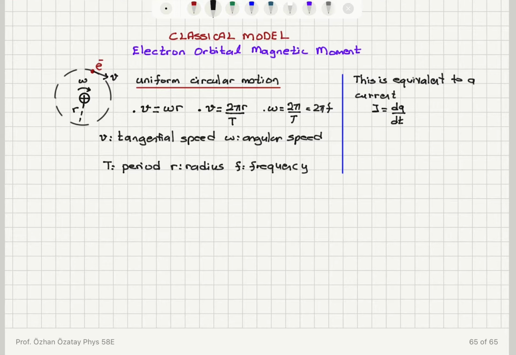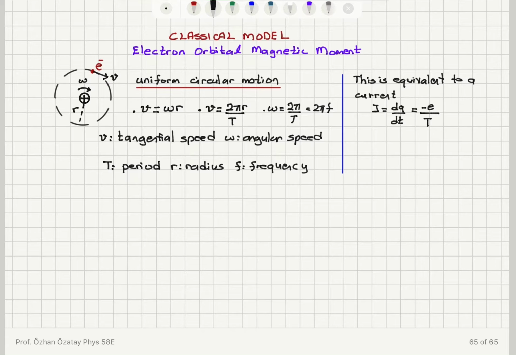So the charge that is moving is the electron charge, so it is minus e, and in one revolution it's going to have a delta t of one period, so T is my period.